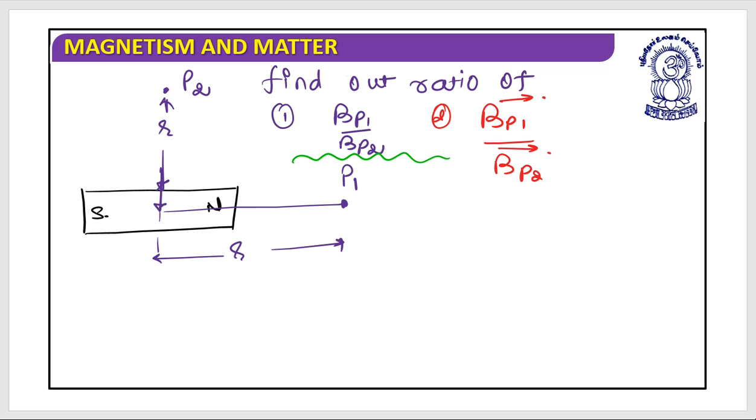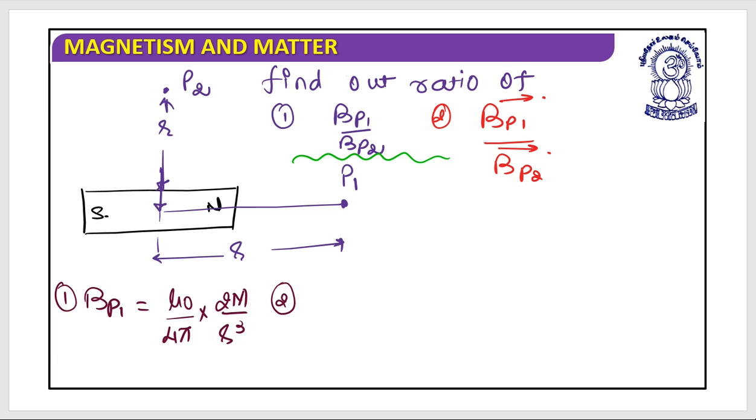What I understood using this is, first, the magnetic field at point P1, let's assume this is a short bar magnet, or short dipole, I'm sorry. So when I assume that this is the short dipole, we can write this as mu naught by 4 pi multiplied by 2m by r cube.